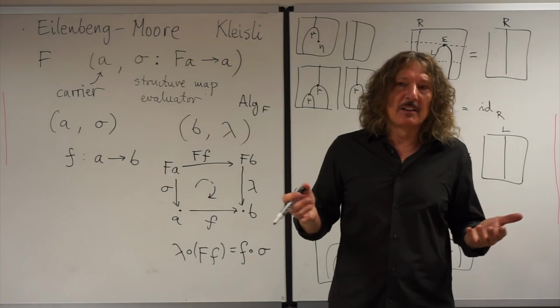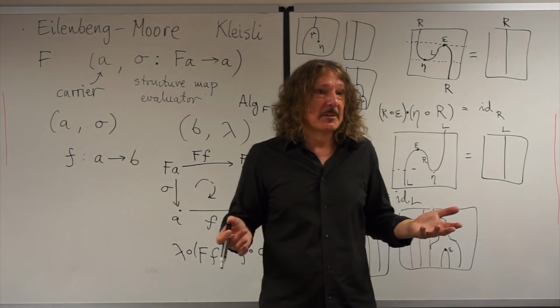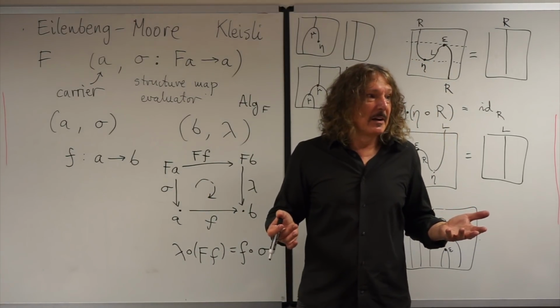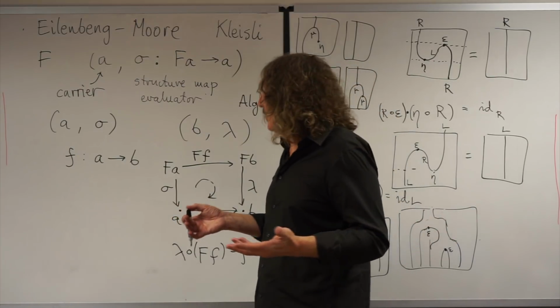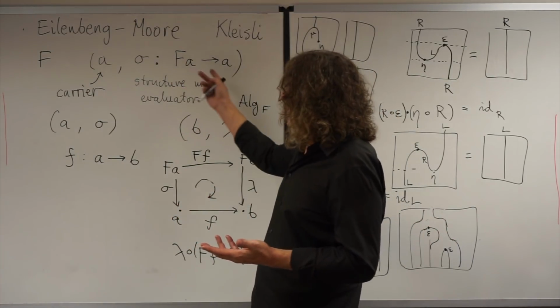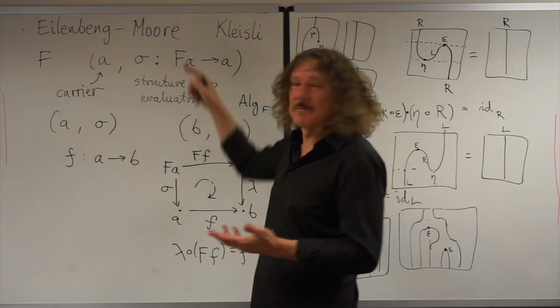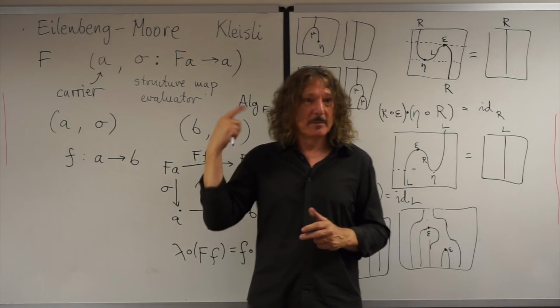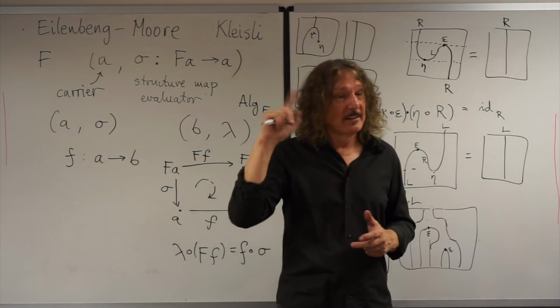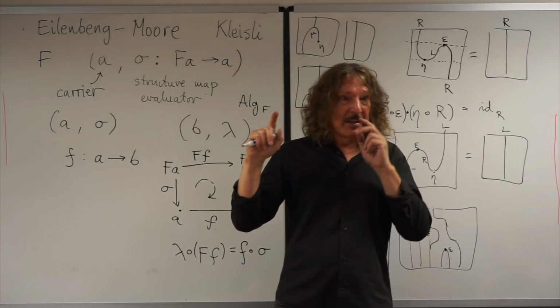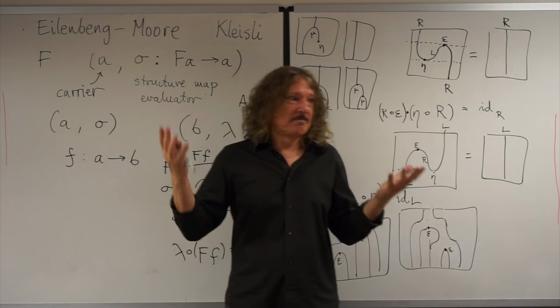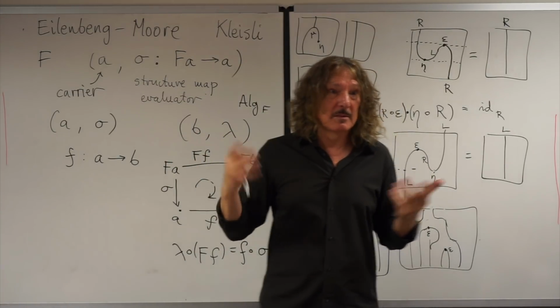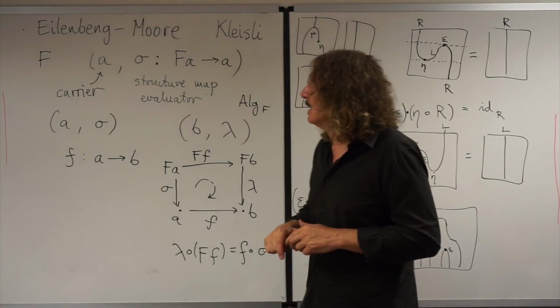So because it's an endofunctor, we can define algebras for this monad, right? So algebras for the monad would just be the same algebras, except that instead of F, we would put a T here, just a different letter. But now we know that this is a special endofunctor that has eta and mu, unit and multiplication, right?